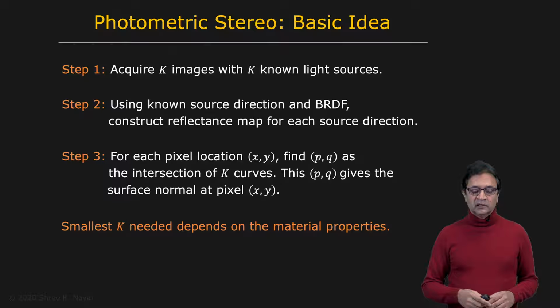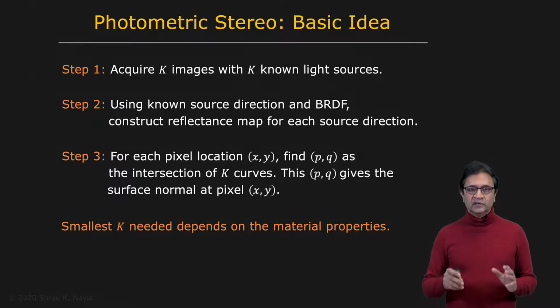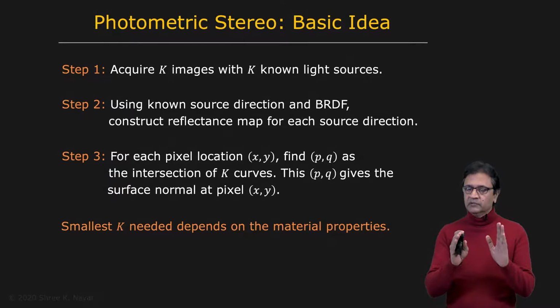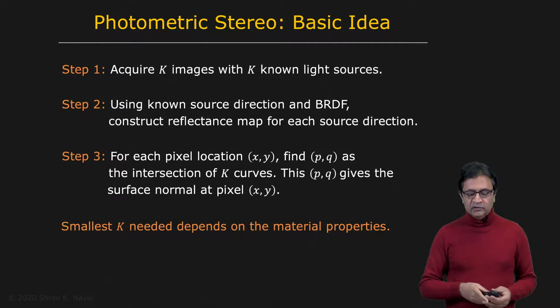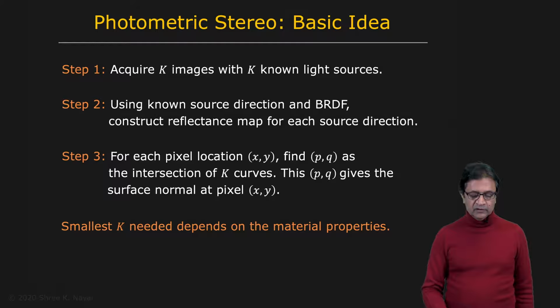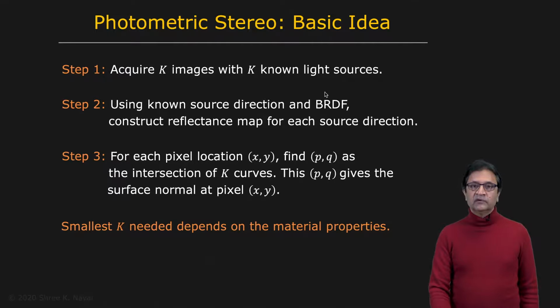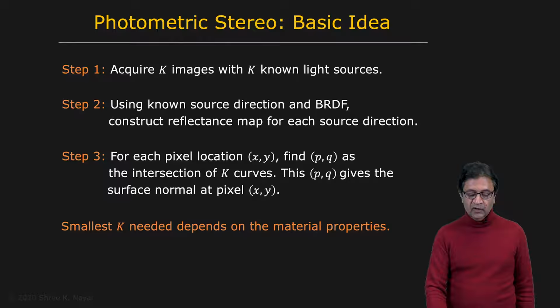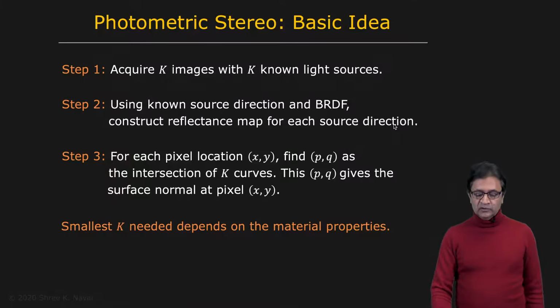Essentially, you acquire K images of a surface, looking at the surface from the same perspective, K images with K known light sources. By known, we mean the direction, brightness, all of that stuff. So using the known sources and the BRDF of the surface, let's assume for a minute that we know the BRDF and it's the same everywhere, we construct a reflectance map for each of those sources.